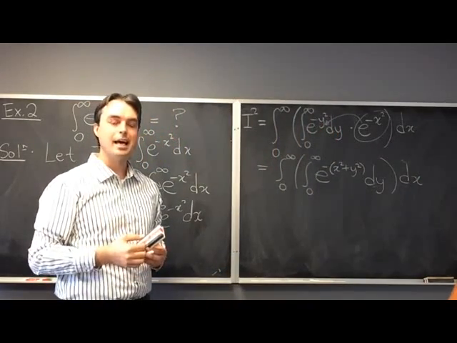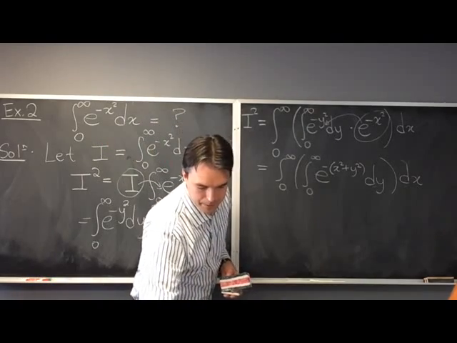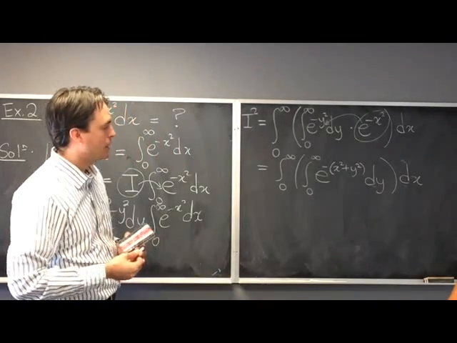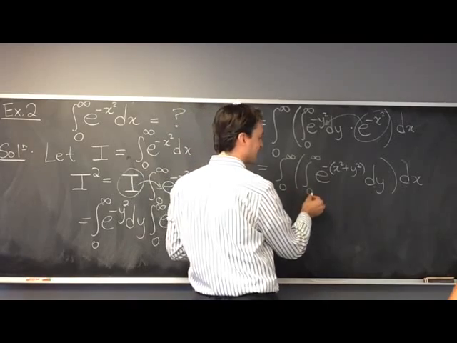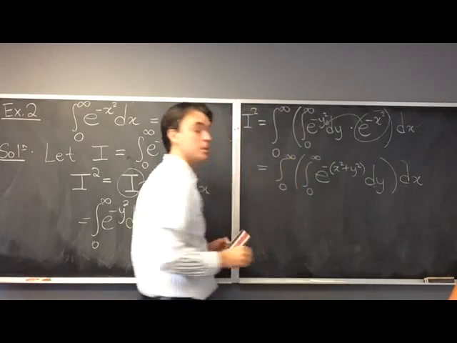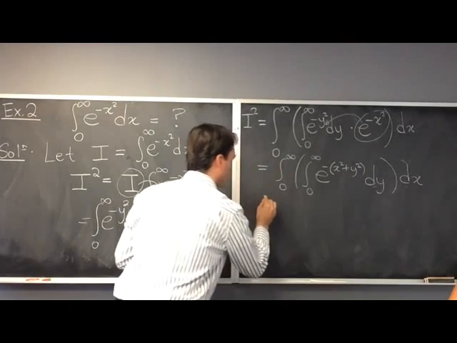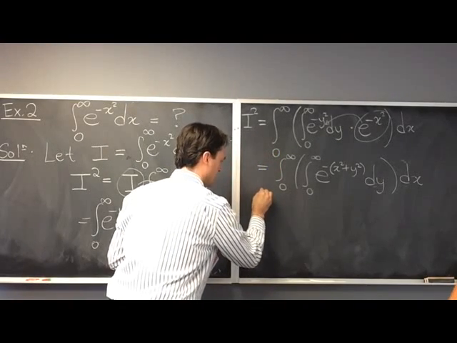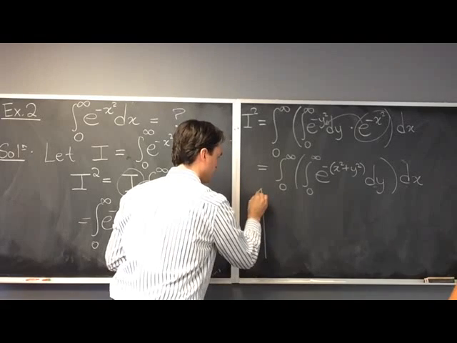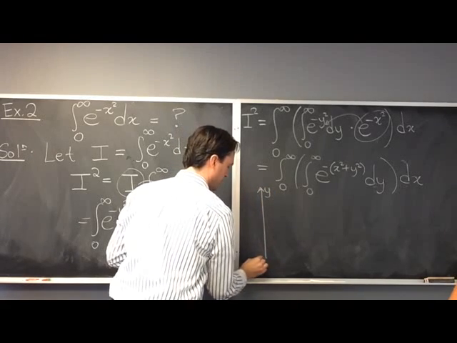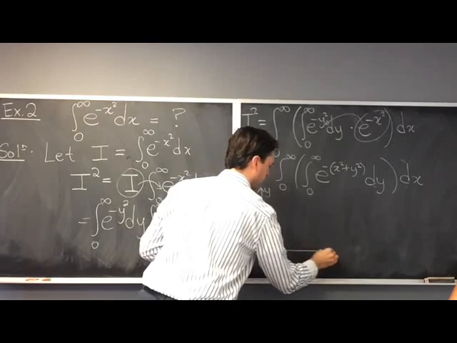So this is looking like a double integral over the region where x goes from 0 to infinity and y goes from 0 to infinity. So what does this region look like? Well, it's just the first quadrant of the xy plane.